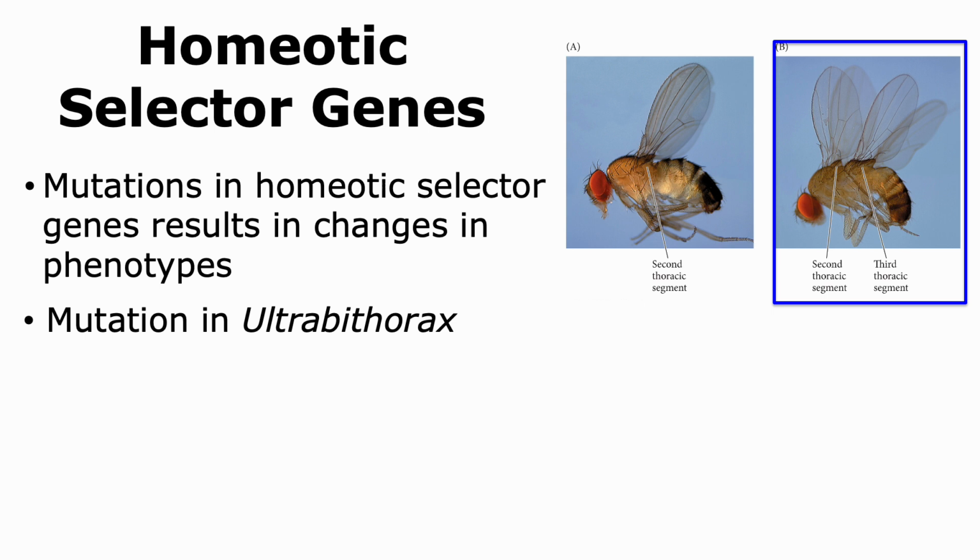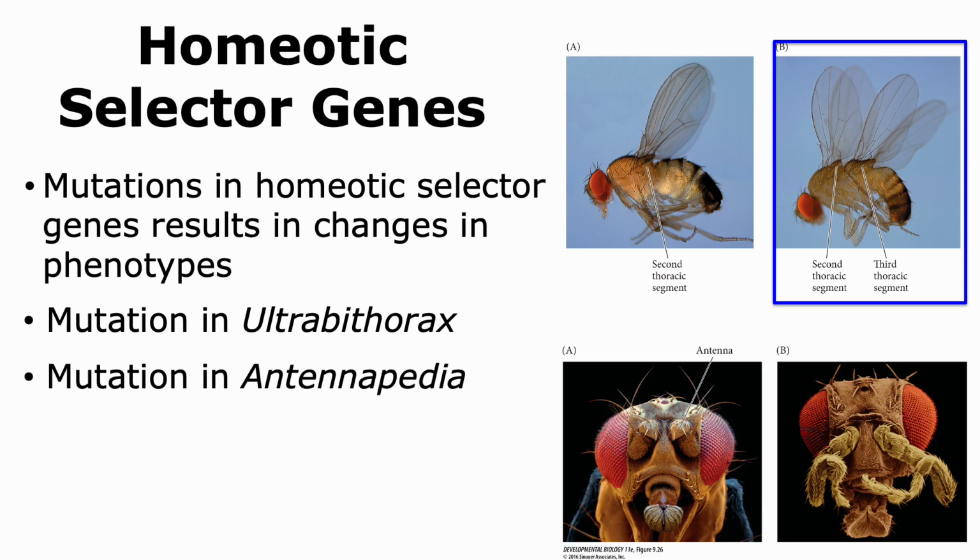In this case, the third thoracic segment actually does not develop very well, and instead the second thoracic segment gets duplicated, and that is the segment that has wings. And so we end up with a fly that actually has 4 wings instead of 2 wings.